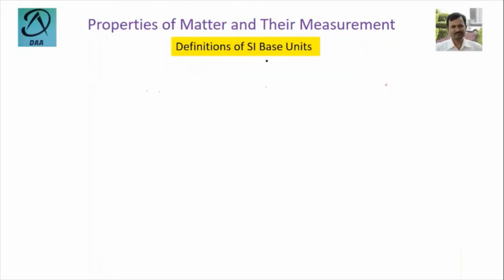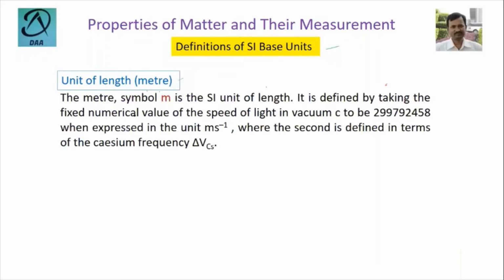Now, definition of SI base units. The unit of length is meter, symbolized by small m, and it is the SI unit of length.